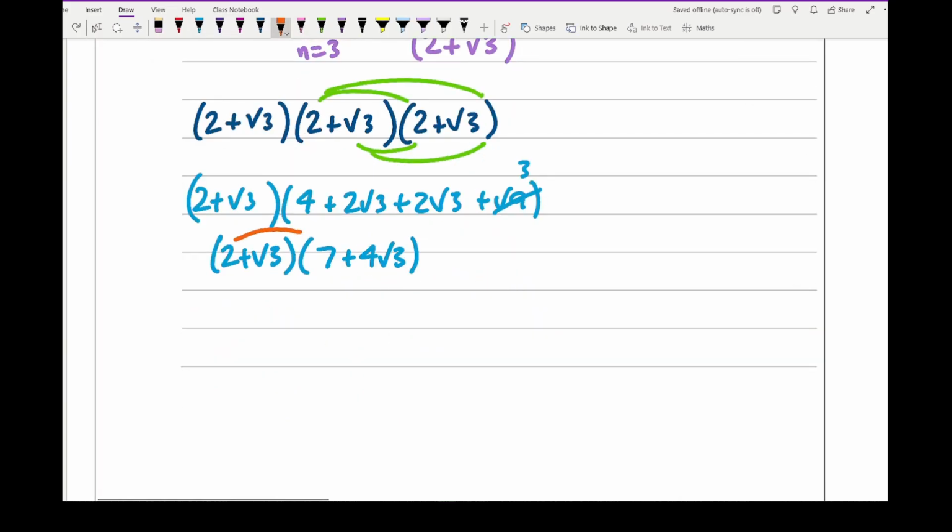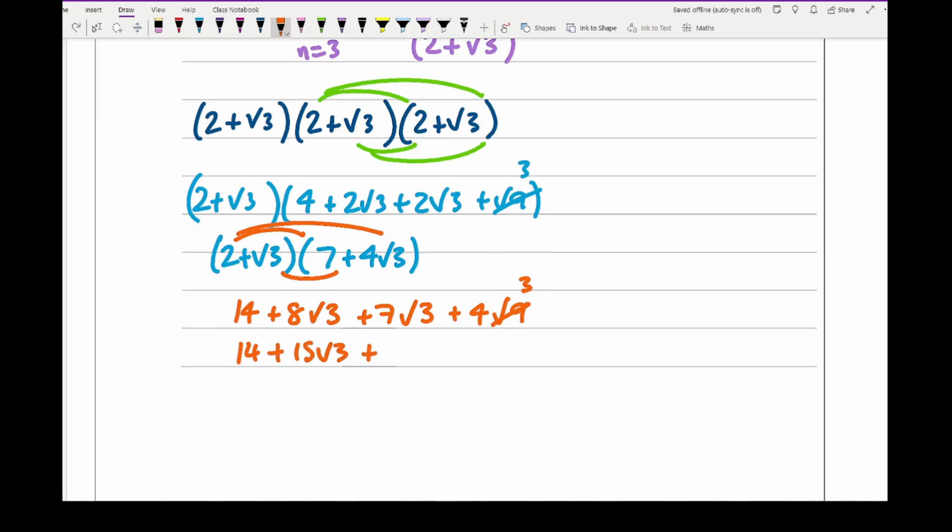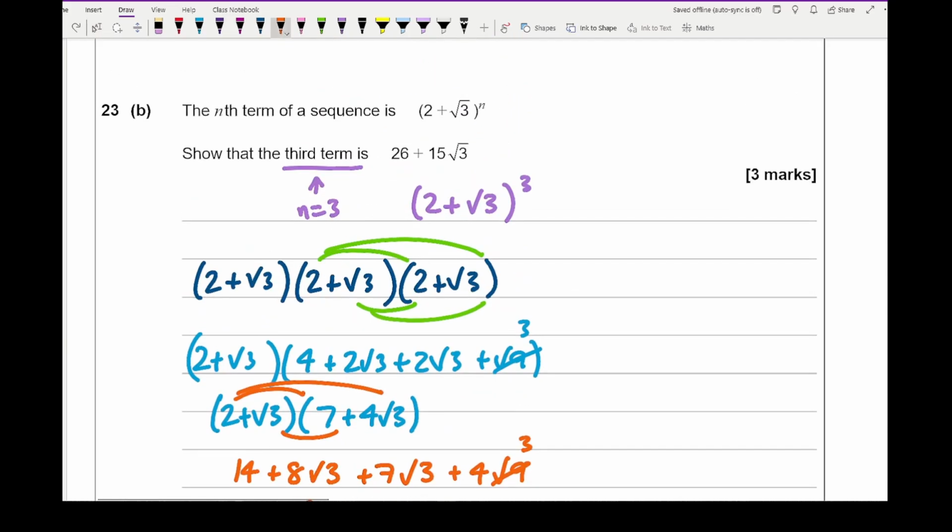So I've got 2 times 7, which is 14, plus 8 lots of root 3, then plus 7 lots of root 3, and 4 lots of root 9. Now 4 root 9 is 12, so that then becomes 14 plus 15 root 3 plus 12, which ultimately simplifies to 26 plus 15 root 3, which is exactly what they wanted me to show.